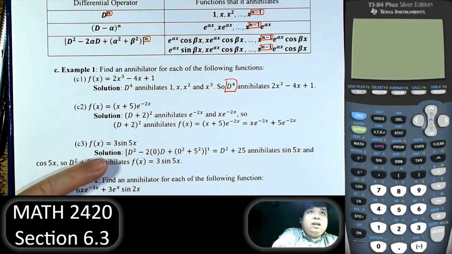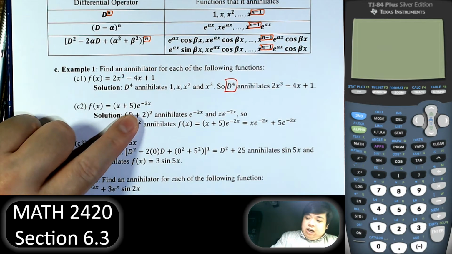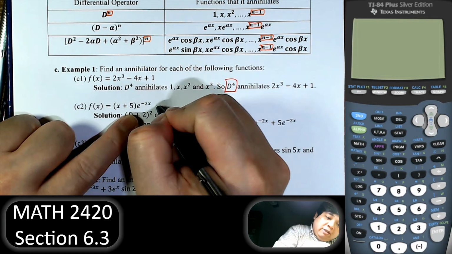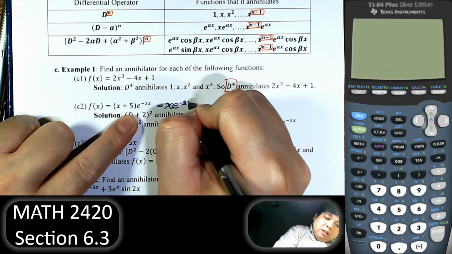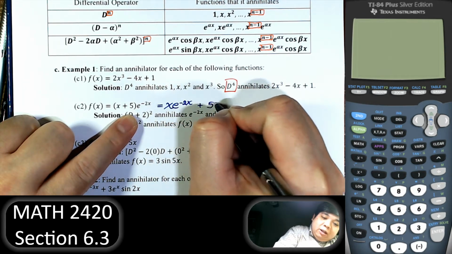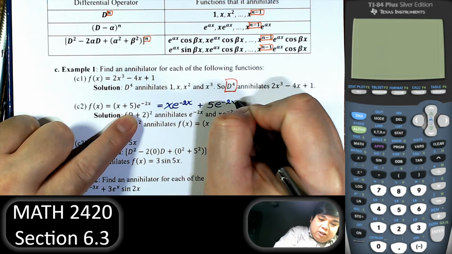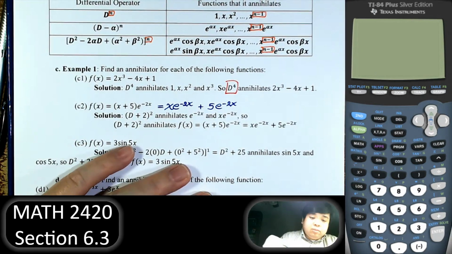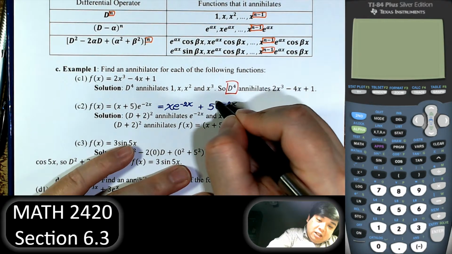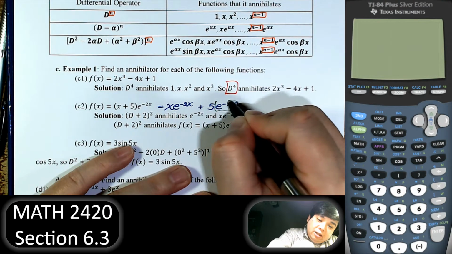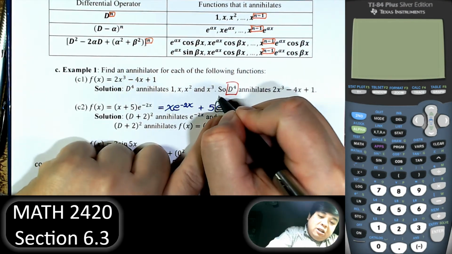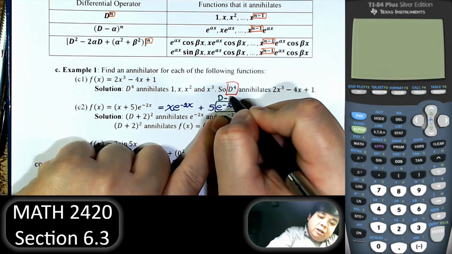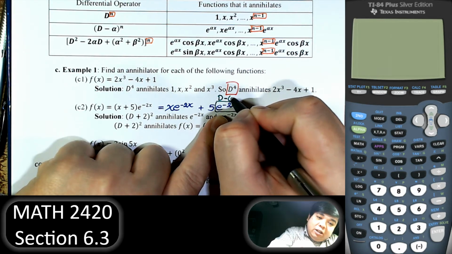Right, next we have this. If we rewrite this, we have x e to the negative 2x plus 5 e to the negative 2x. Now, to annihilate this, we need d minus the exponent.